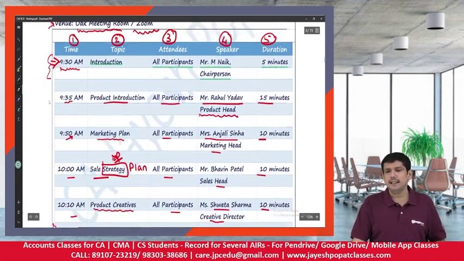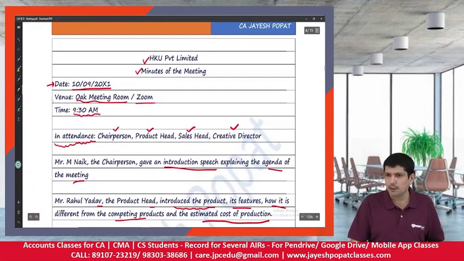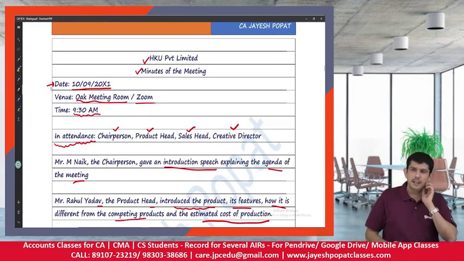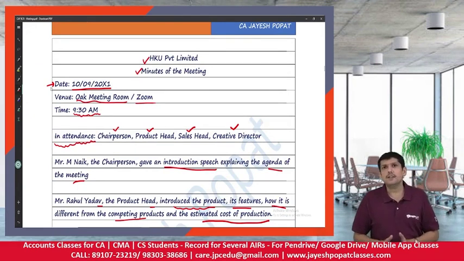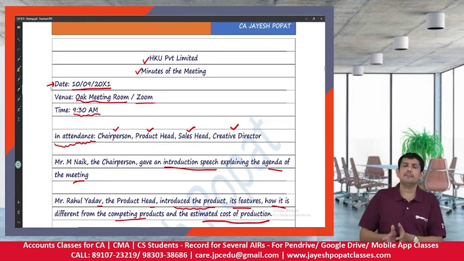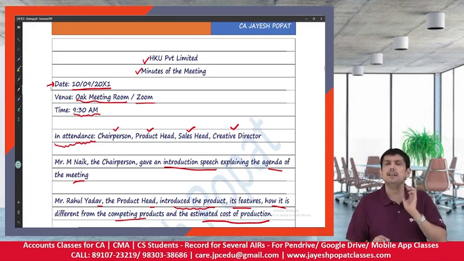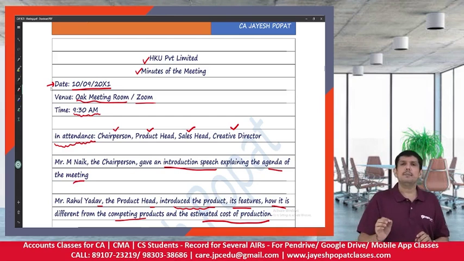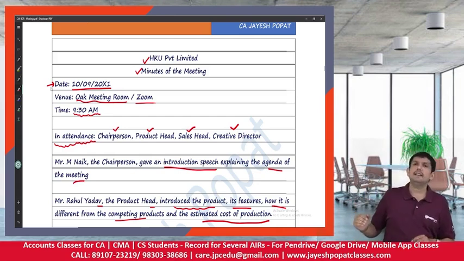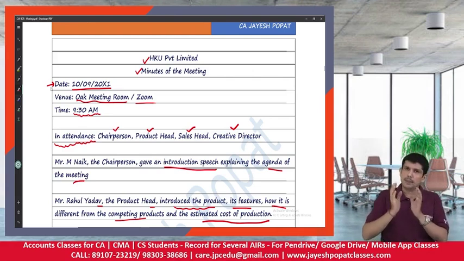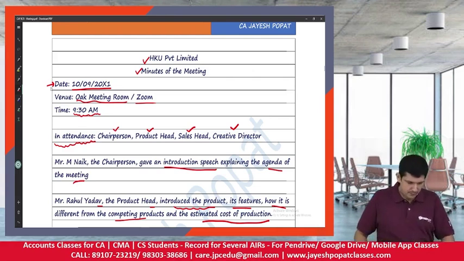If we were not making the agenda, we could have straight away gone ahead and made the minutes of the meeting, and we could have selected a particular date. So in all circumstances, most probably the date of the meeting or the date of the ATR will not be mentioned in the question. You have to choose an arbitrary date on your own, but please remember that the ATR report should be at least 7 to 10 days after the date of the meeting which took place.